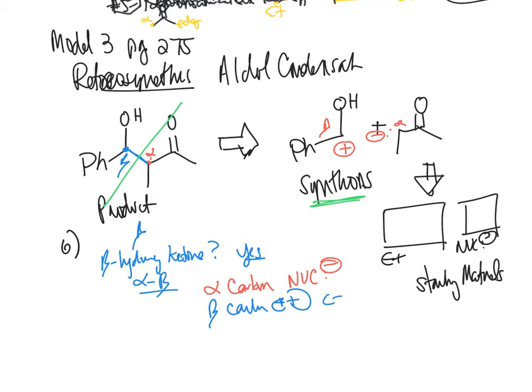It'll be the carbonyl. So in your starting material, it's the carbonyl, but it becomes the beta carbon. Check to make sure this agrees with the charges placed in the synthon. Finally, convert the synthons into actual reagents that could be used for the aldol.